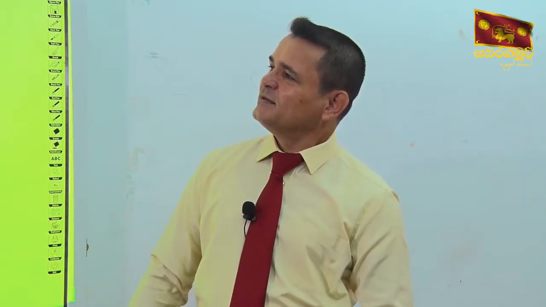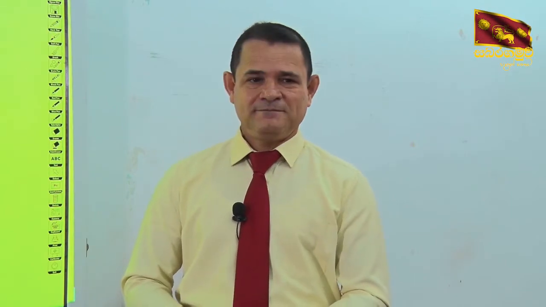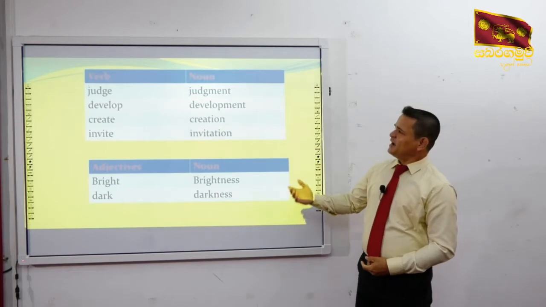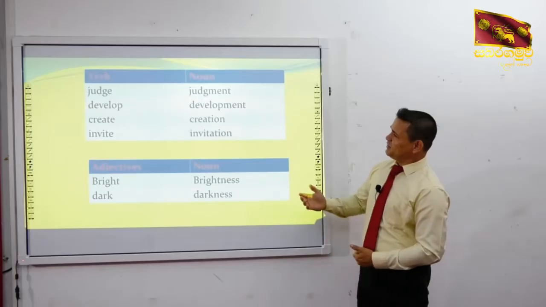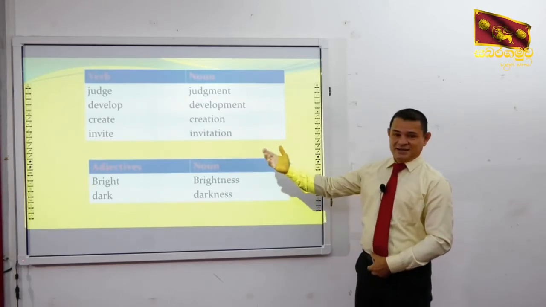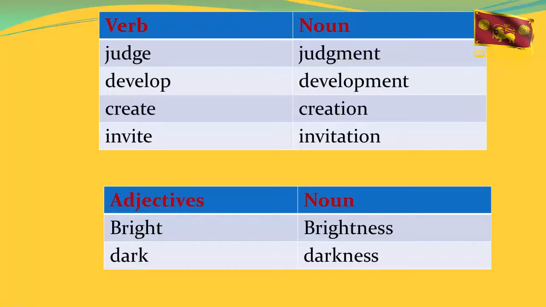Look at them. Here judge, it's a verb, and when you add ment it becomes a noun. Judgment, verb became a noun. Develop, development, again a verb became a noun. Create, creation, when you add just tion, it became a noun.